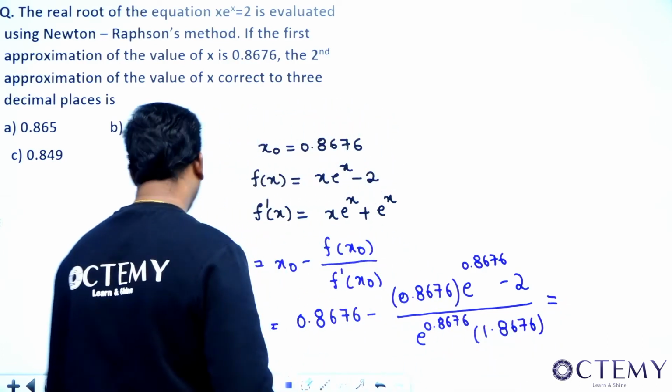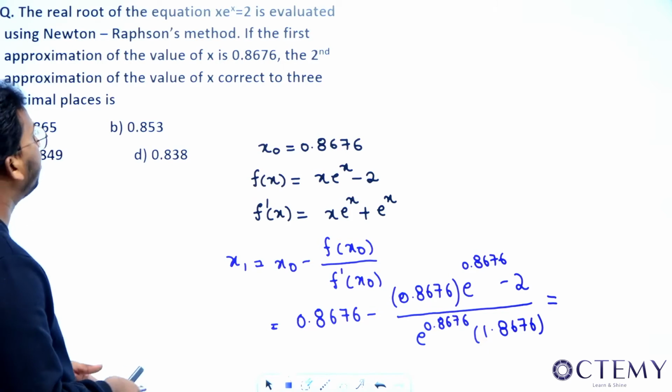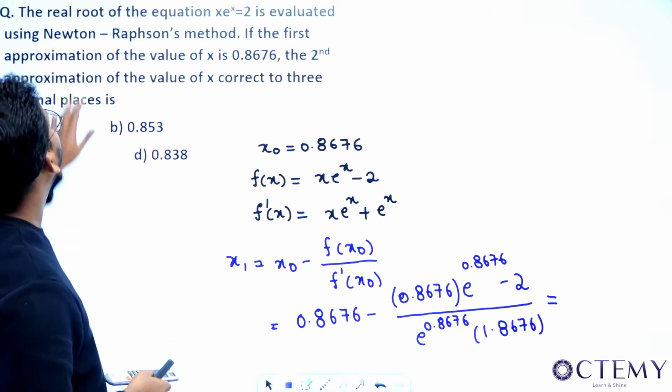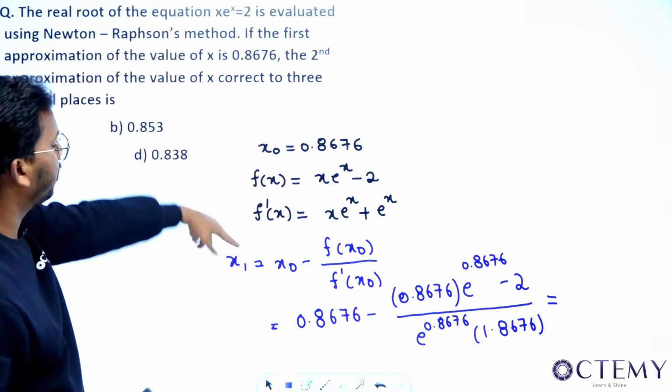Let us find out this value. If you find out that value, that should be the answer. It is telling that is the first approximation; second approximation means x1 only here.